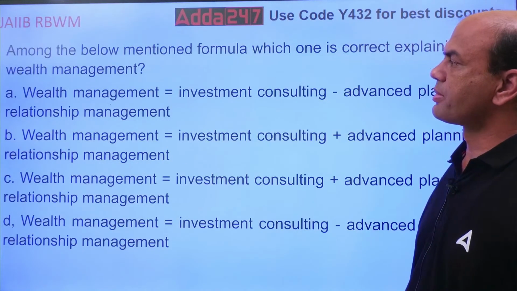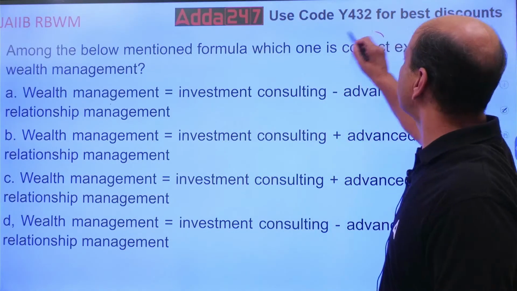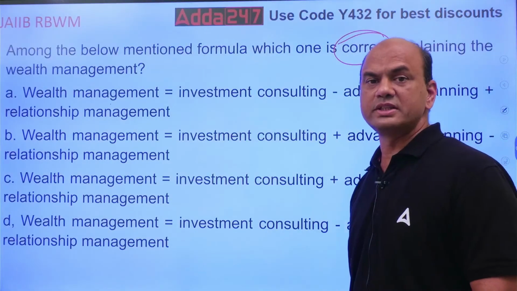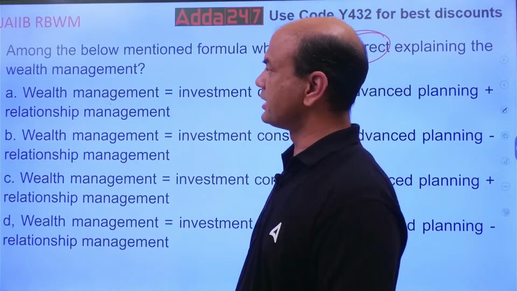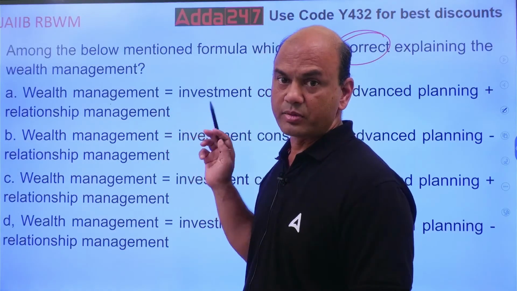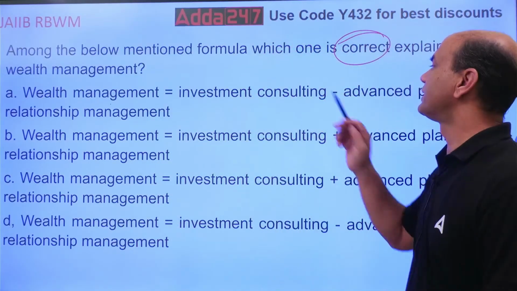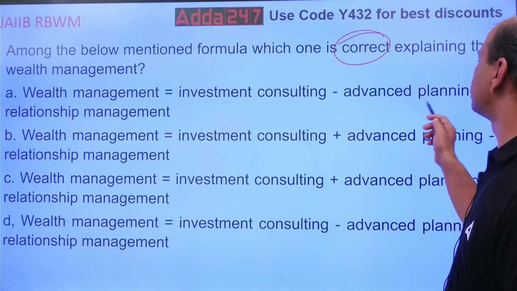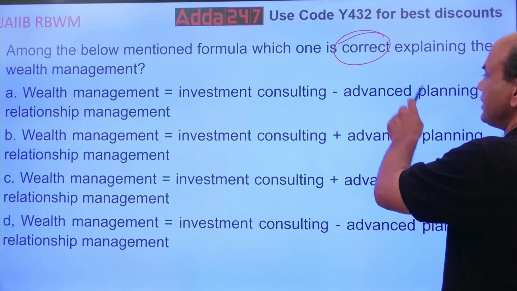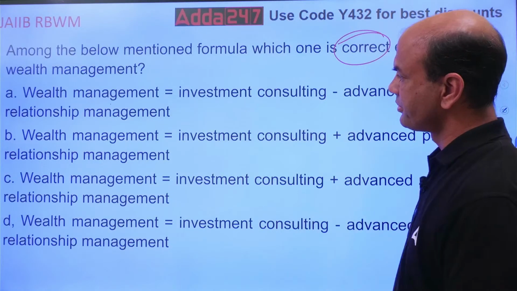Next. Among the below mentioned formulas, which one is the correct explanation of wealth management? Look at it properly. A: Wealth management equals investment consulting minus advanced planning plus relationship management. Minus advanced planning means you don't have to plan in advance.